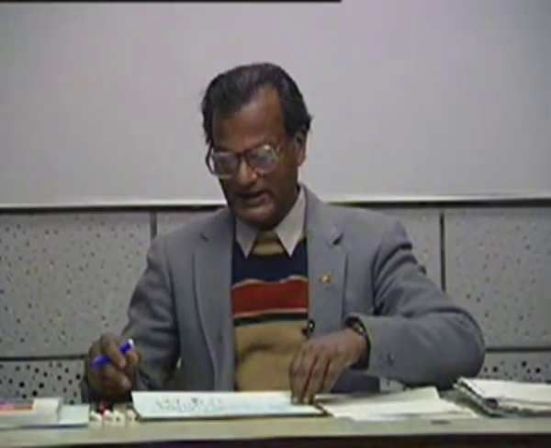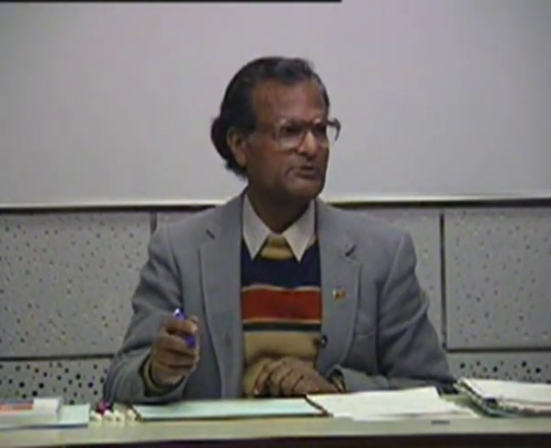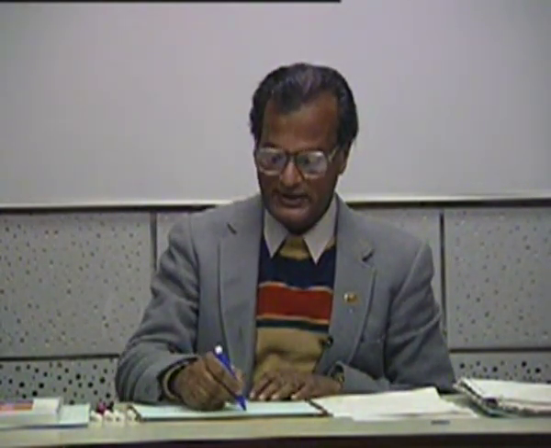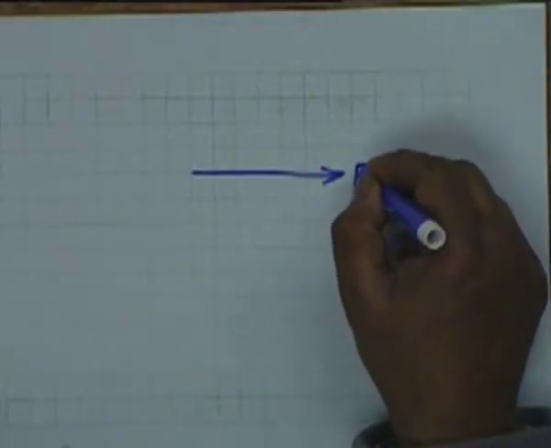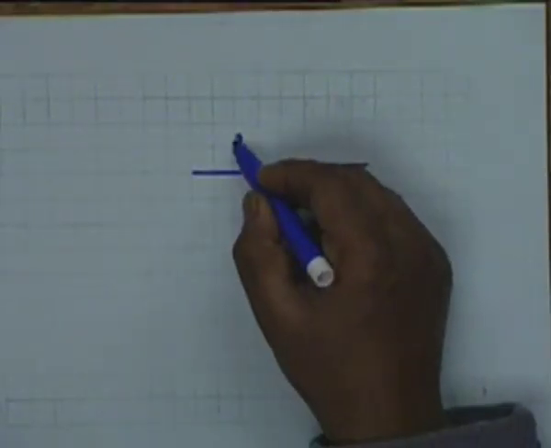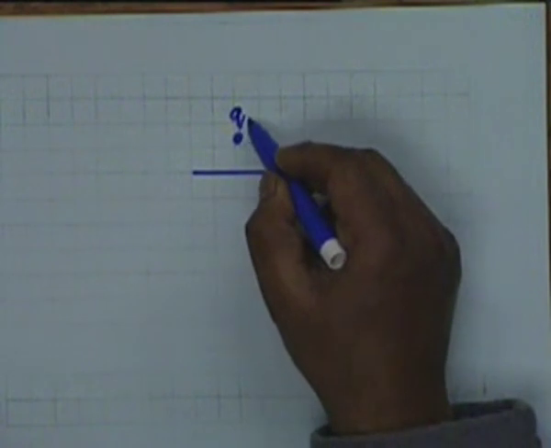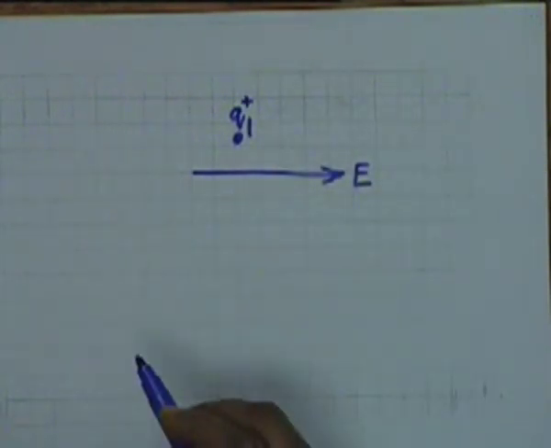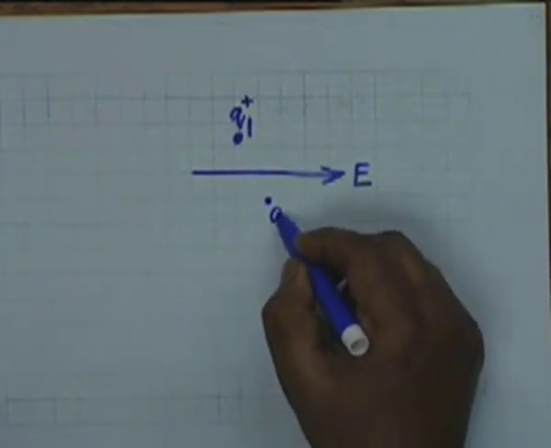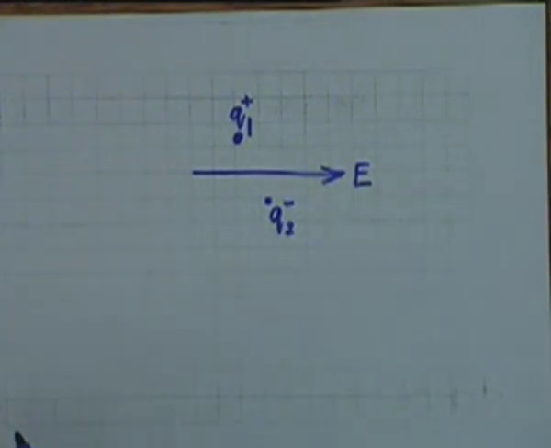Now in considering current, since current is related to flow of charge, we must distinguish between the polarities of charge. Suppose we have an electric field in this direction E, and you have a positive charge, let us say Q1 plus, and a negative charge, let us say Q2, which is negative.